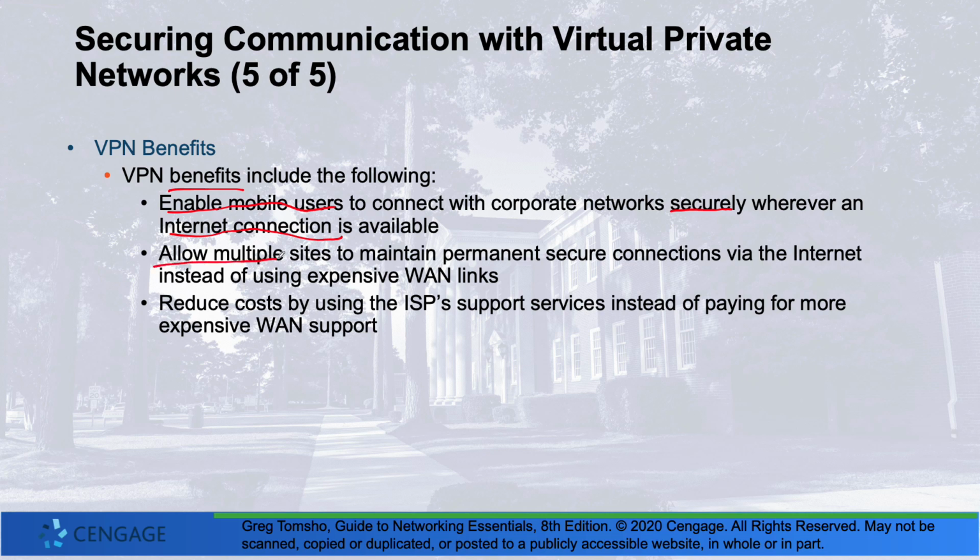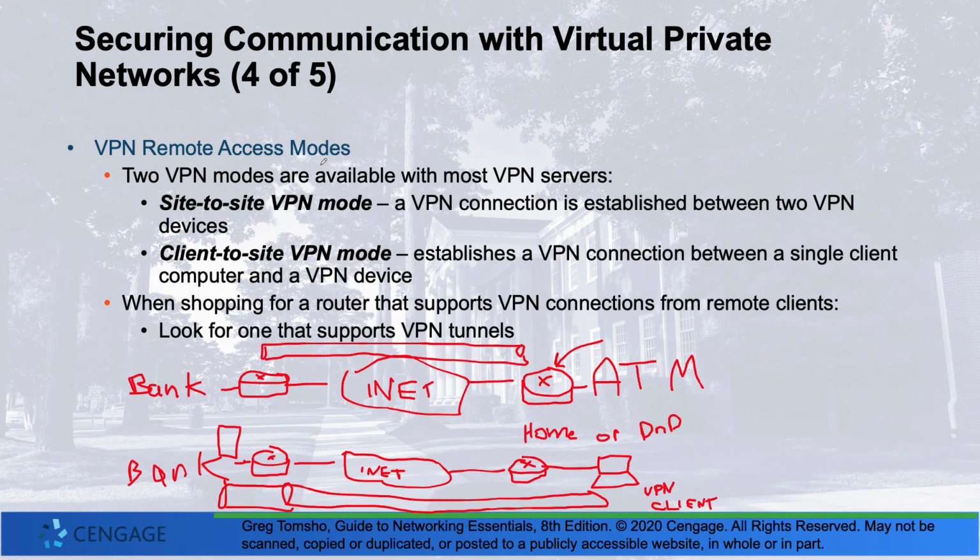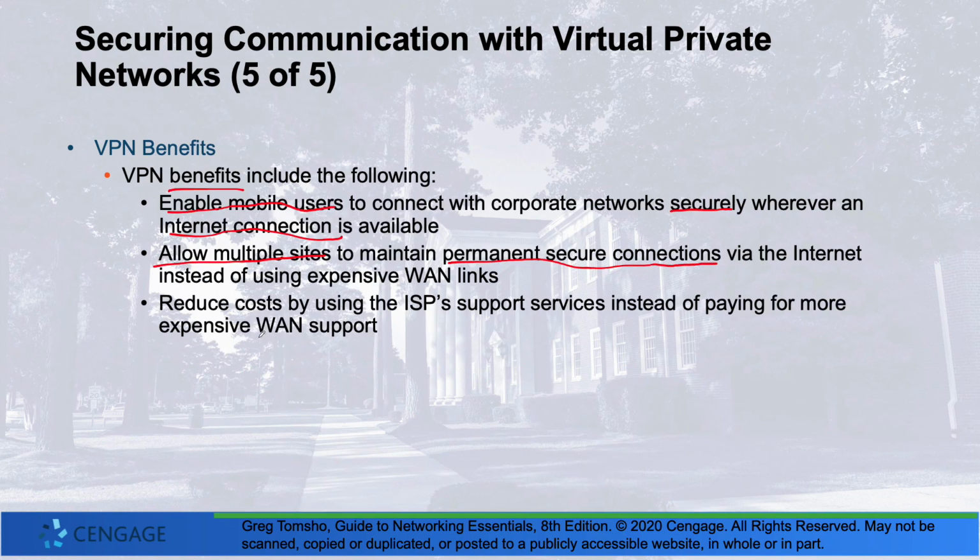Allows multiple sites to maintain permanent secure connections. So that would be in the case of our site-to-site VPN. It also reduces the cost by using the ISP support services instead of paying for more expensive WAN support.